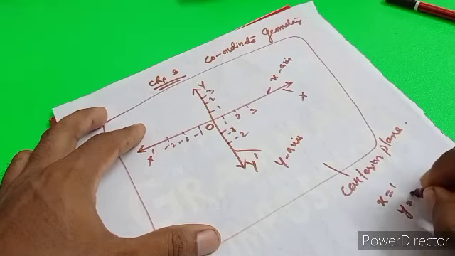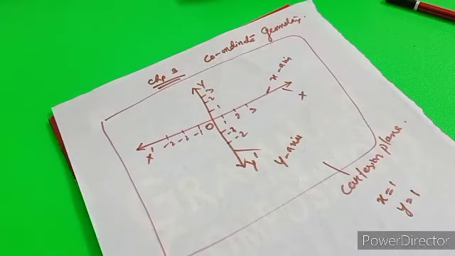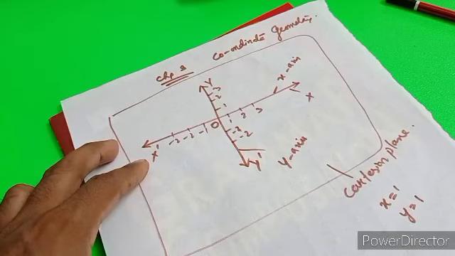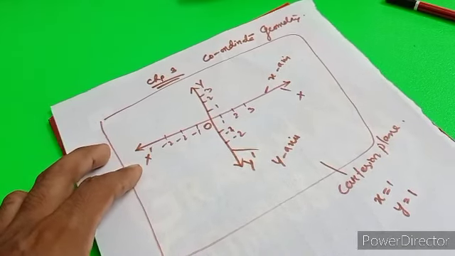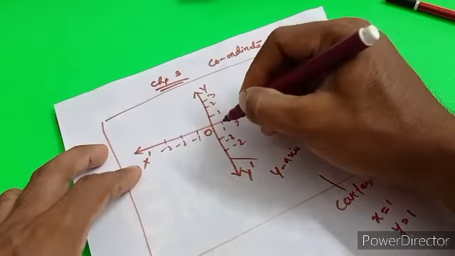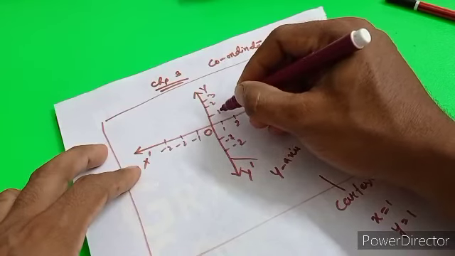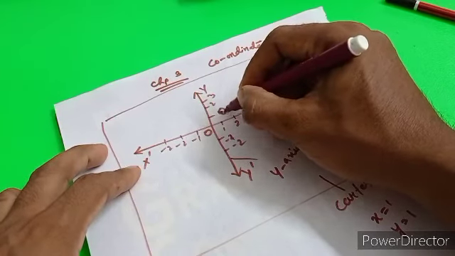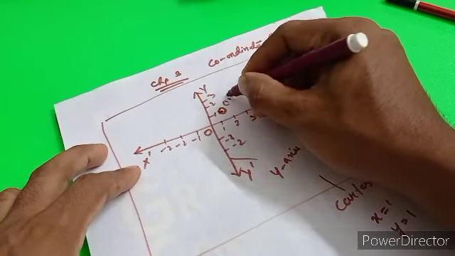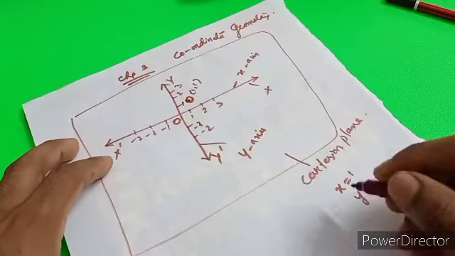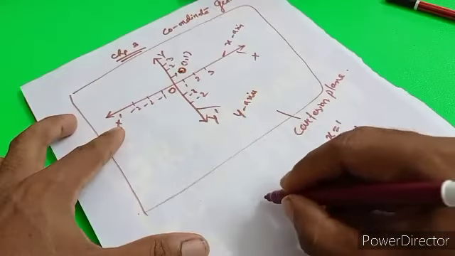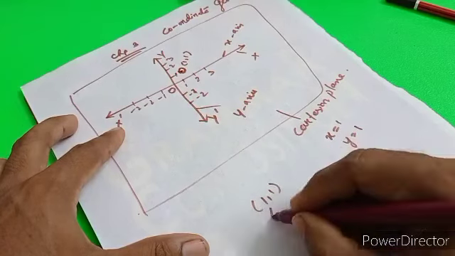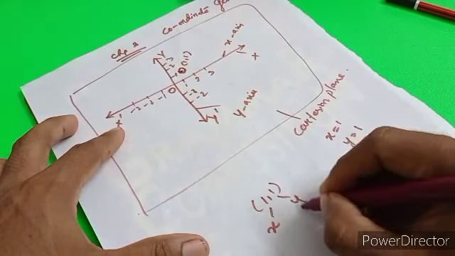Now, if I need to plot a point, let's say someone asks you x equal to 1, y equal to 1. If someone asks you to show the point where x equal to 1 and y equal to 1 in the Cartesian plane or on a graph, x equal to 1 is this, y equal to 1 is this. That means this particular point should be somewhere here. That is (1, 1). When we write (1, 1) in brackets, the first value is the x value and the second is the y value.